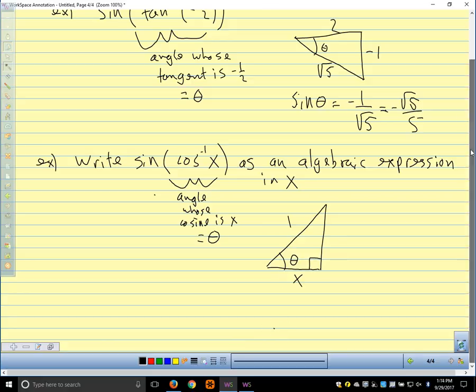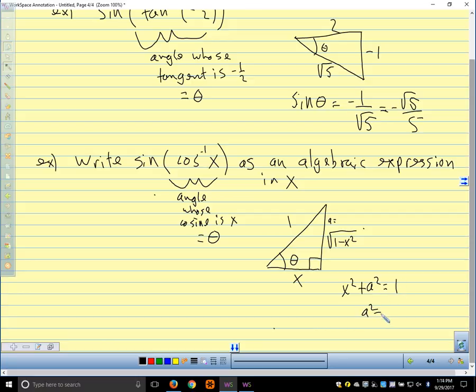We want the sine of that angle, so we need to find this side of the triangle using the Pythagorean theorem. If you didn't see that right away, you can call this a. So we have x squared plus a squared equals 1.